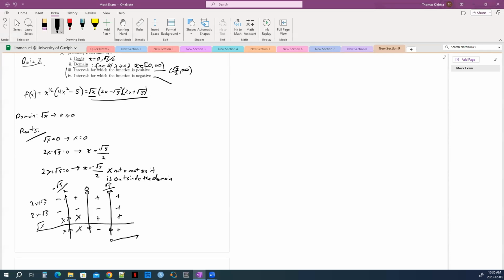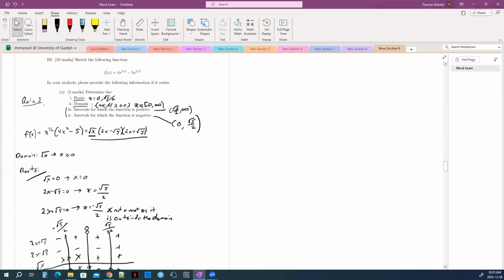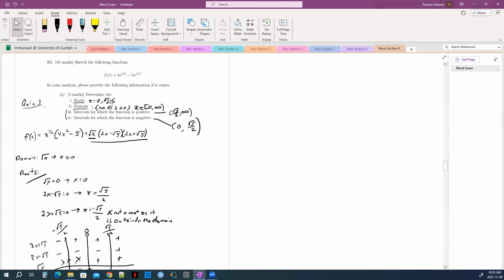And the negative interval is going to be here, which is 0 to root 5 over 2. So now we've got our part A complete.